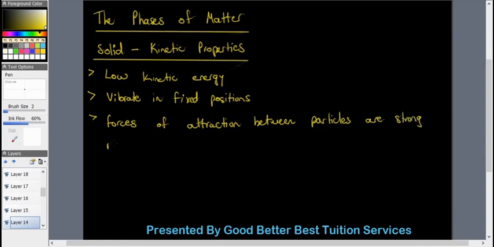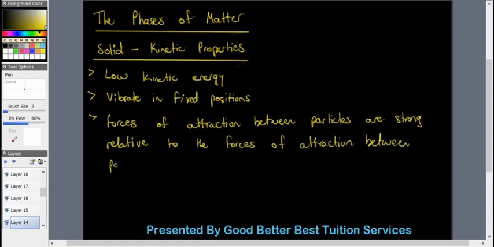They are strong relative to the forces of attraction between particles of the other two phases. So the forces of attraction between particles are strong relative to the forces of attraction between particles in a liquid and gas.